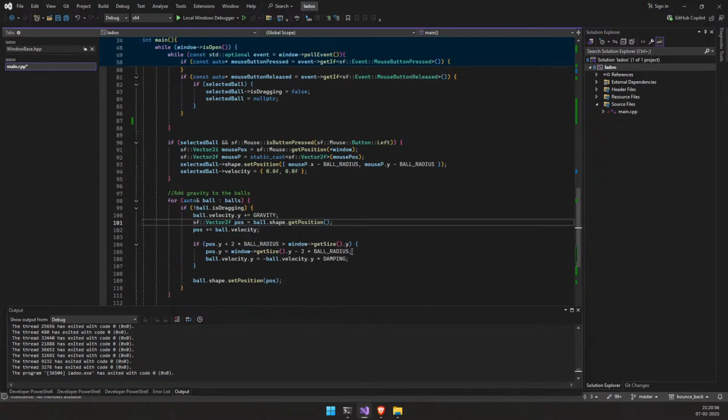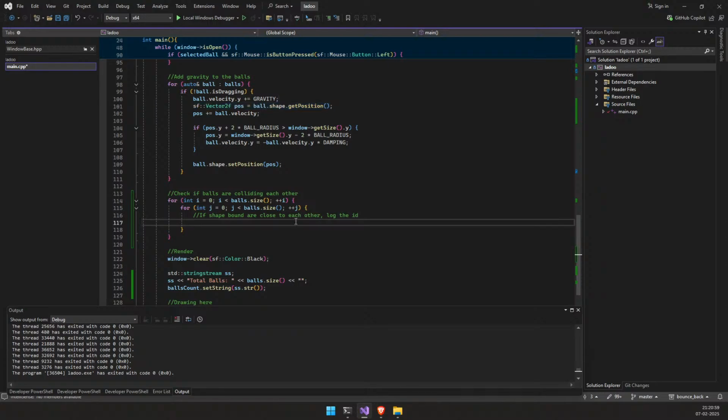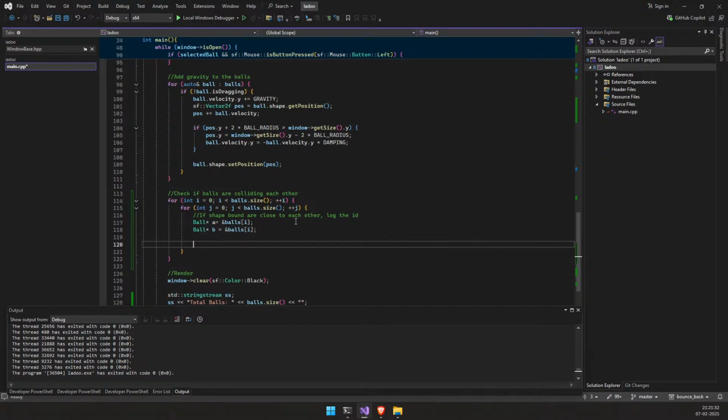If we have this to get position, so what we can do is, let's say A or B. Let's get position.